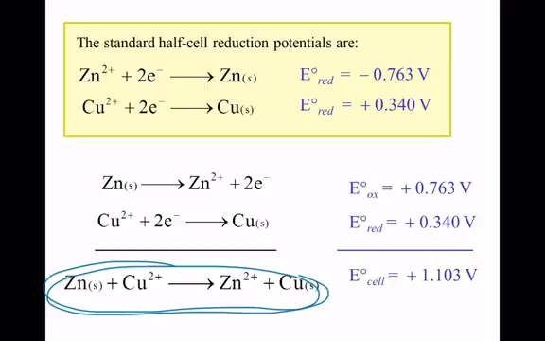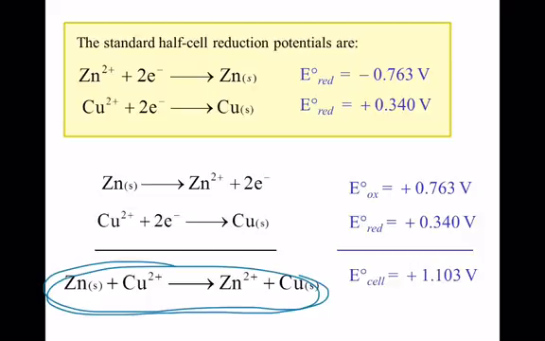We add the two individual reactions, the oxidation and the reduction, together. So we're almost done. We're down to that last bullet. All we have to do is write that shorthand notation.